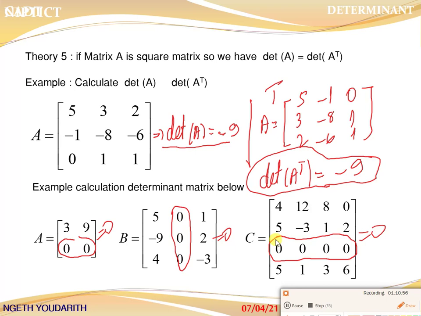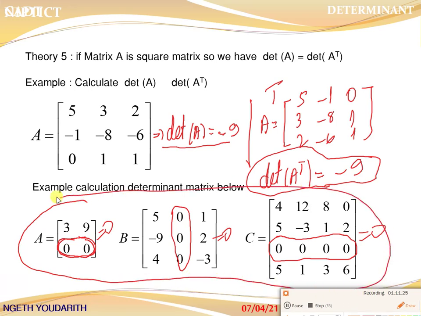Because we can calculate or find the determinant by row or column of the matrix. On the next page we have how we can find the determinant by row or by column. So all these three matrices are equal to 0.